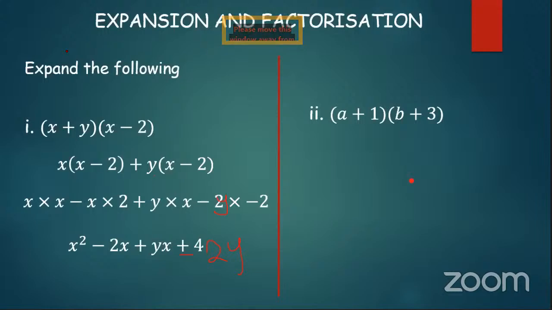We shall say a into brackets b plus 3 plus 1 into brackets b plus 3, giving us AB plus 3A plus b plus 3.